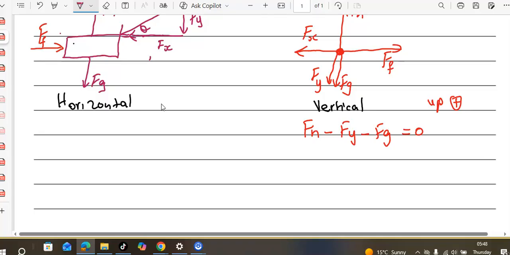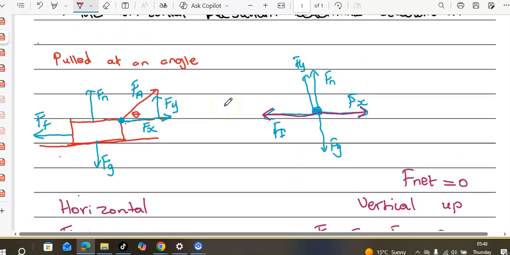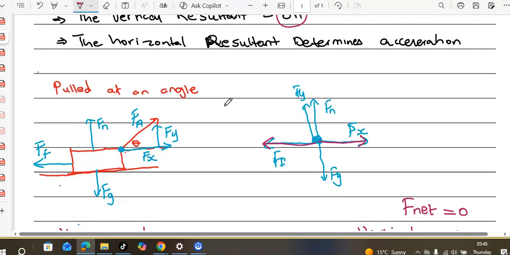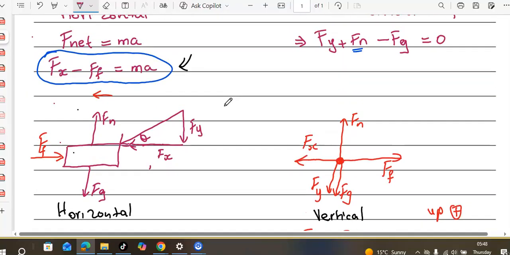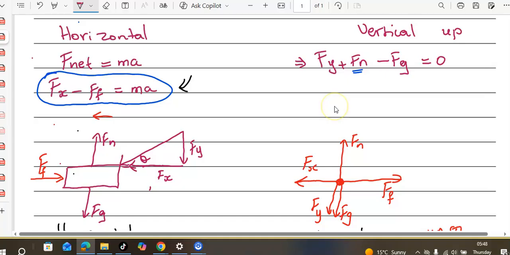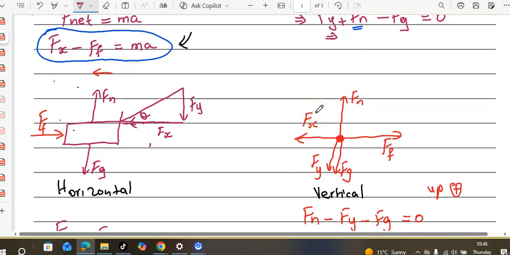So it's always Fx minus the frictional force is equal to ma. So for the horizontal, whether the force is pushed or pulled, we're going to use the same formula. Are you with me on that? The difference will be in the vertical forces, so I'm going to show you how to apply these forces. Are you happy with that?